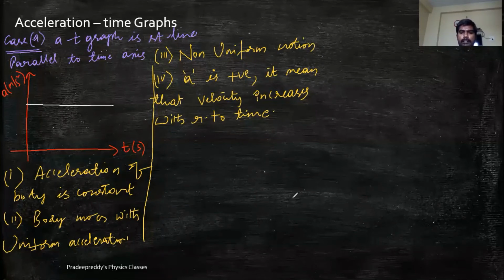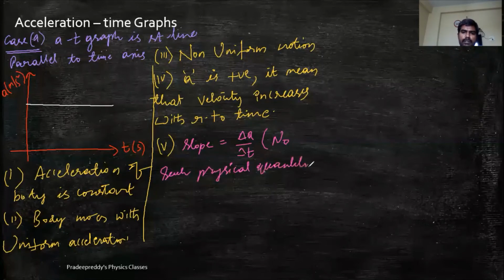And see here, we have slope. If you calculate, slope is equal to delta A divided by delta t. What is delta A? Change in acceleration with respect to time. Is there any physical quantity with delta A by delta t?